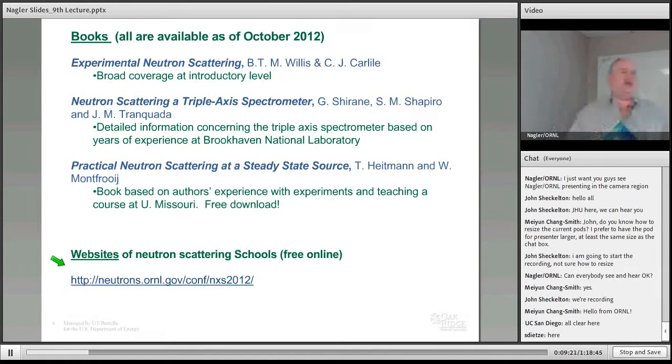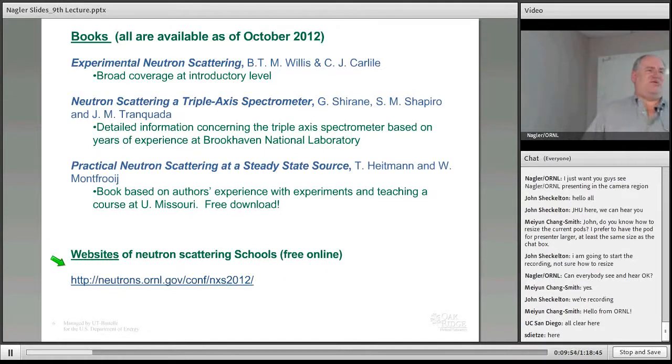It's got a lot of detailed information about neutron scattering in general and triple axis spectrometers in particular, based on their years of experience at Brookhaven National Laboratory. If you go and read some of the reviews of this book, you'll find that people from some other laboratories, especially overseas, critique it a little because they found it too Brookhaven-centric, but nevertheless, I think there's a lot of very good, basic, and important information in this book.